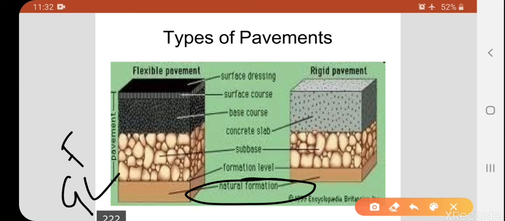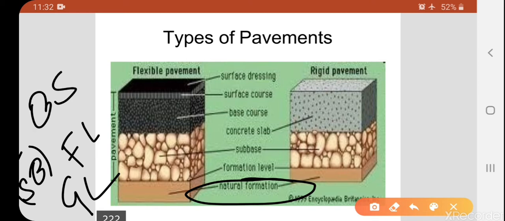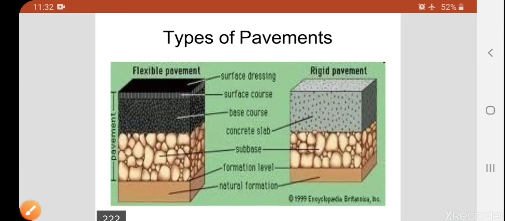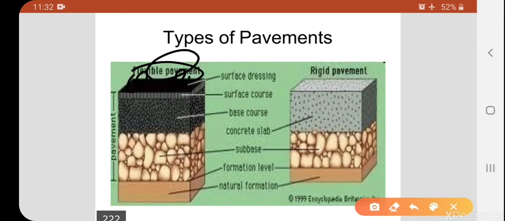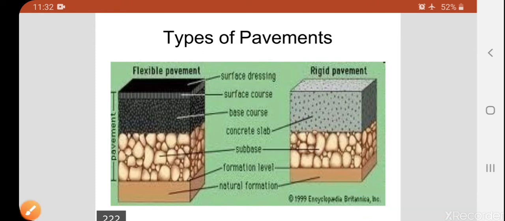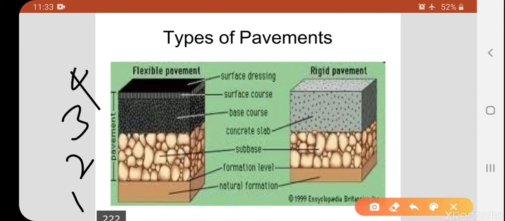After that formation level comes the sub base, then the base course, and over that the surface course, the wearing course where vehicles move. So totally there are four layers, and we already know the thickness of each layer.